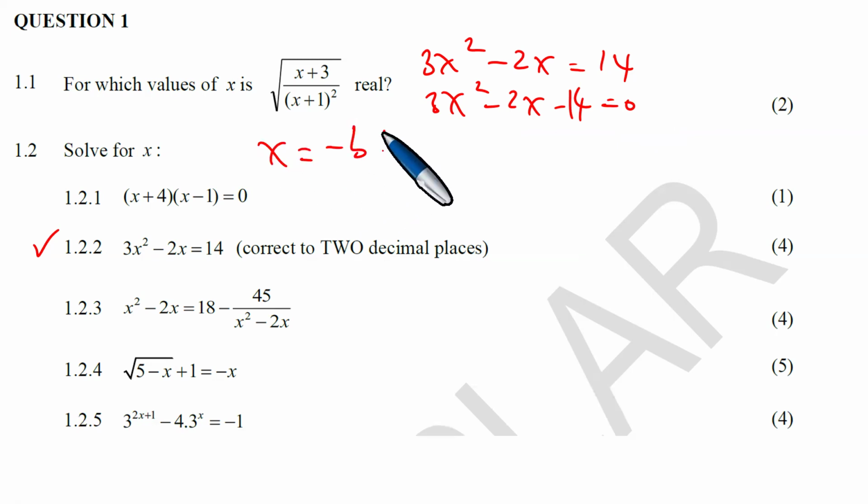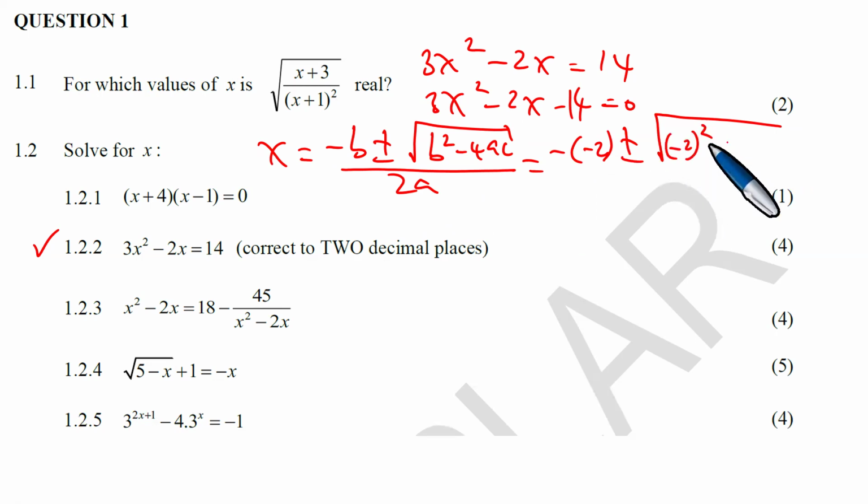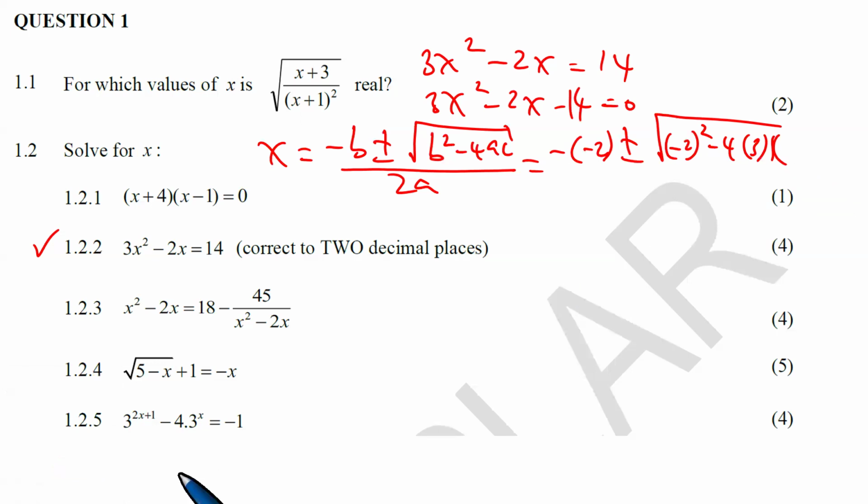Meaning x is minus b plus or minus the square root of b squared minus 4ac, all over 2a, which is minus minus 2 plus or minus the square root of minus 2 squared minus 4 times 3 times minus 14, all over twice a, and a is 3.